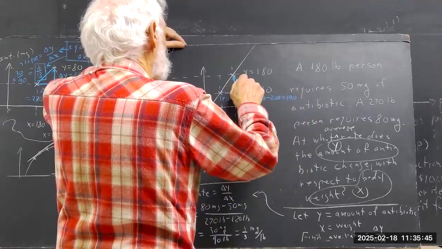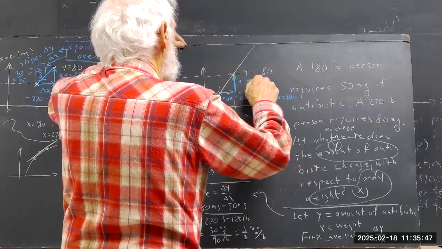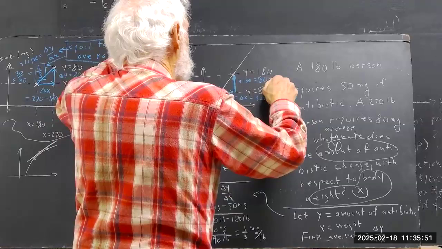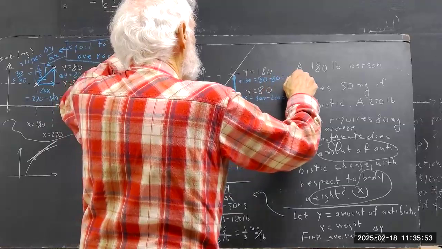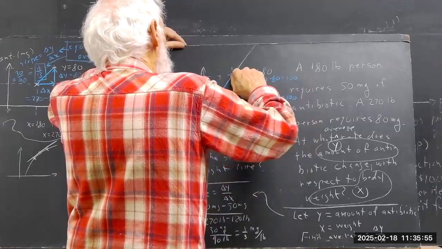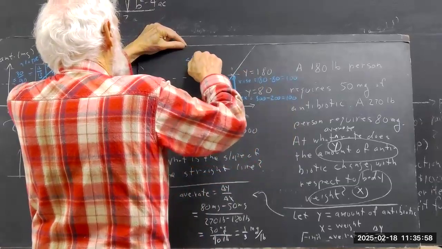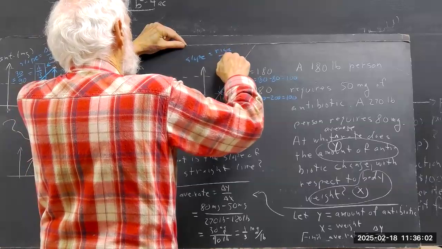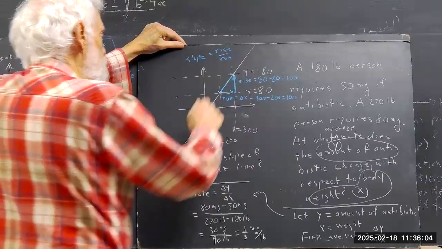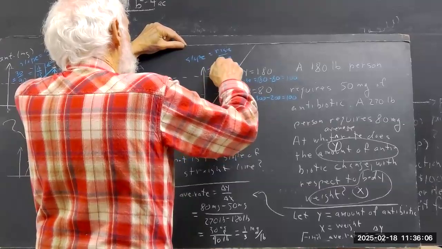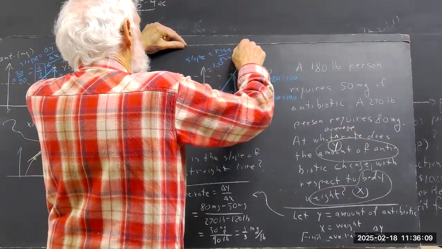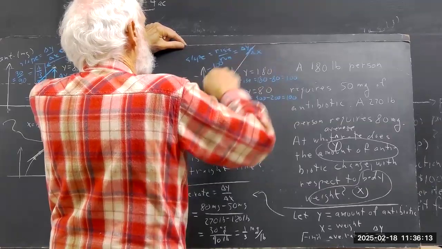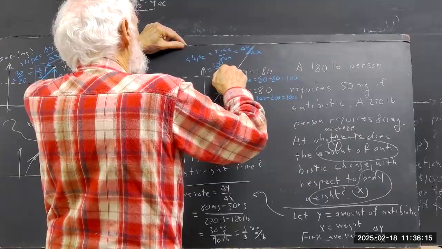Here's the rise. Equals 180 minus 80 equals 100. So here's slope, which is the rise divided by delta x. 100 over 100.